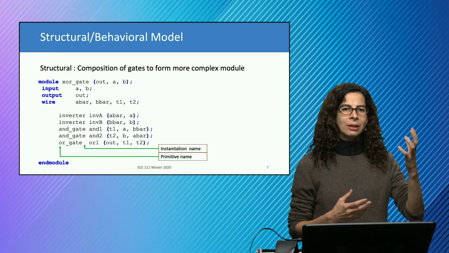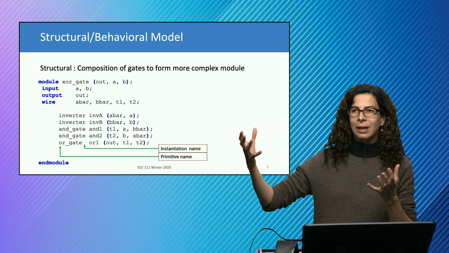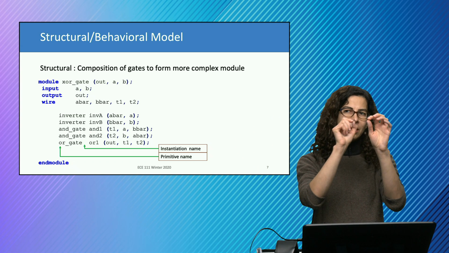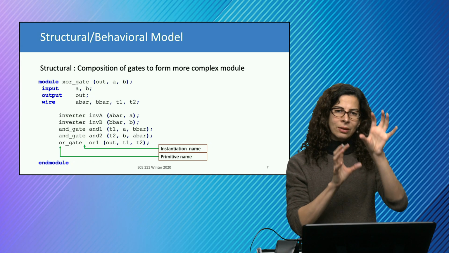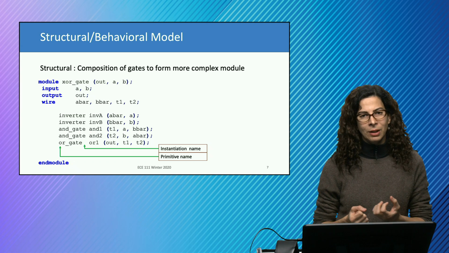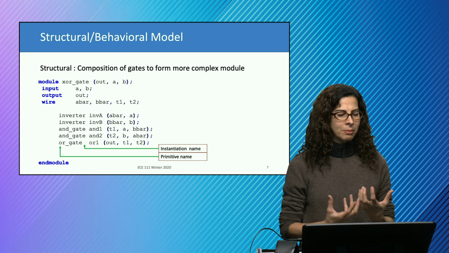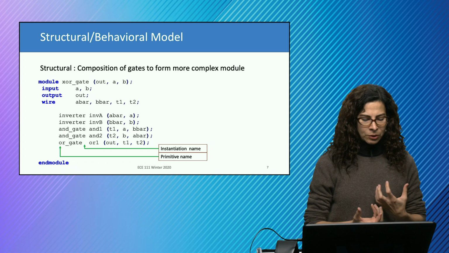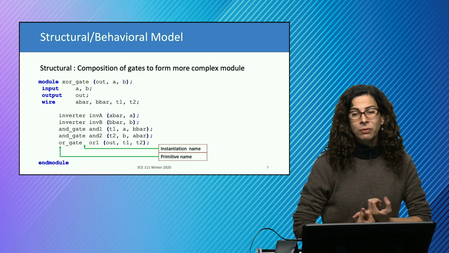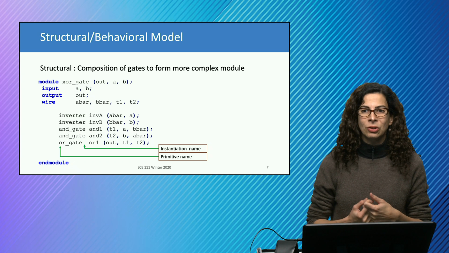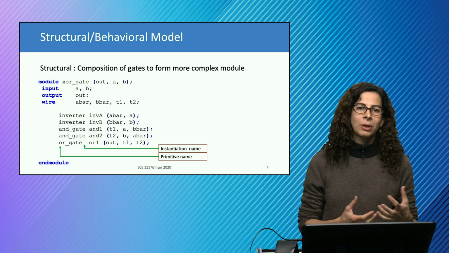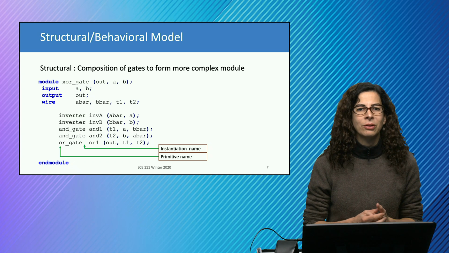The inputs are still A and B, and the output is out, but we have these intermediate points connecting the modules that we've designed before. In this particular case, the modules are just simple inverters, AND gates and OR gates, which is only for demonstration purposes. As we've seen before, Verilog actually has these constructs built into the syntax, so we don't have to specify them like this every time.